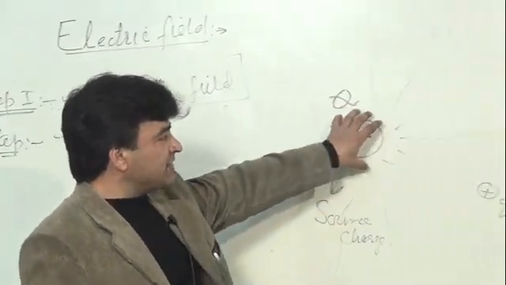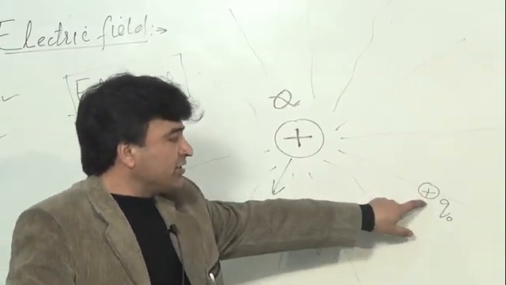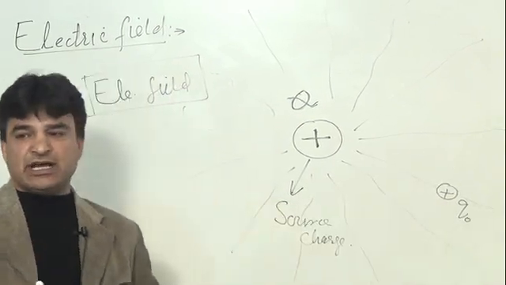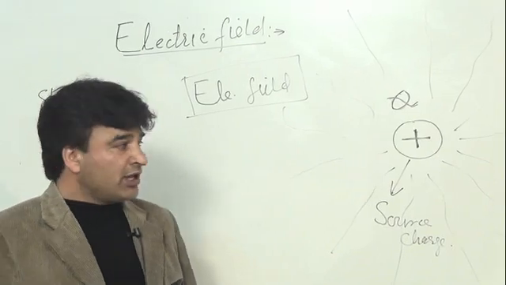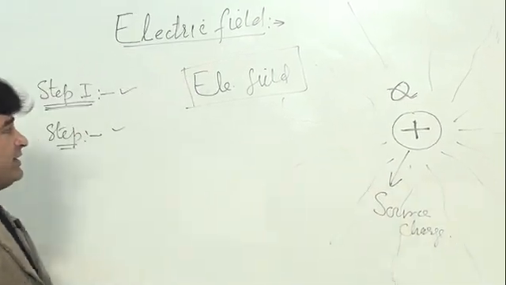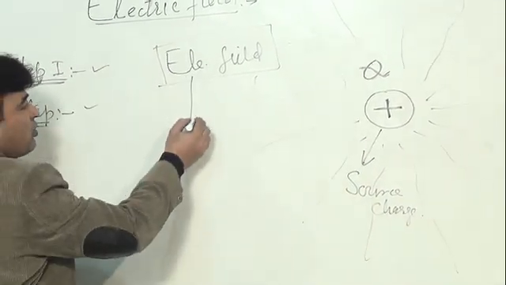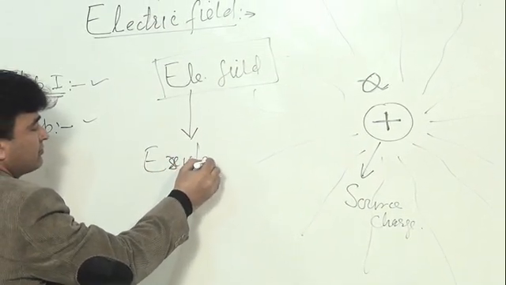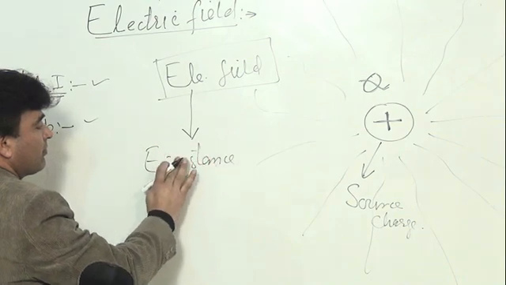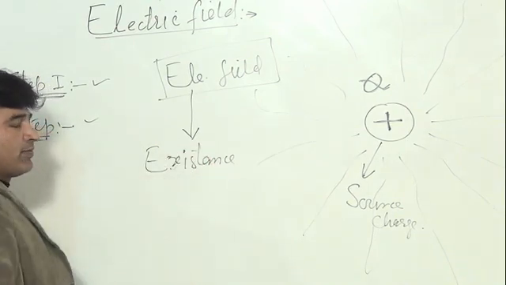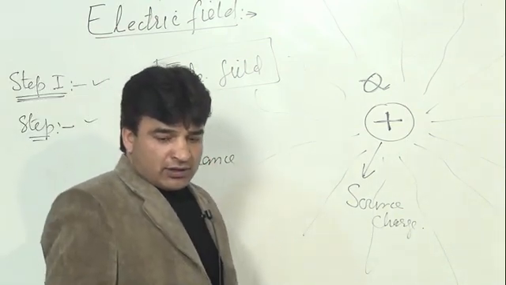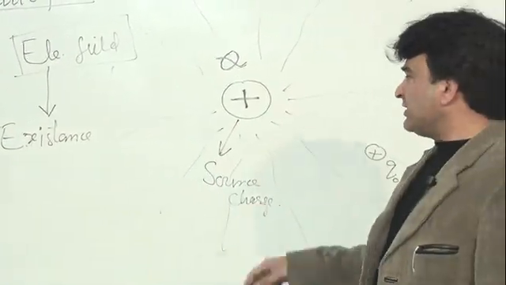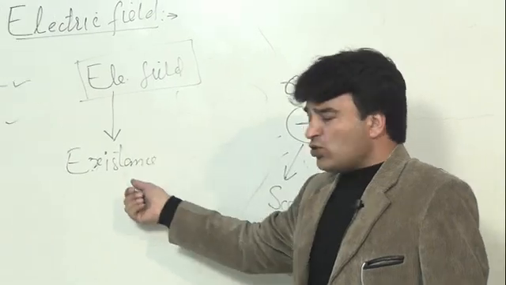First, electric field is created, then when this charge is placed in that electric field, it experiences the electrostatic force. This electric field has its own existence. That means it does not depend on any other thing. It has its own existence.